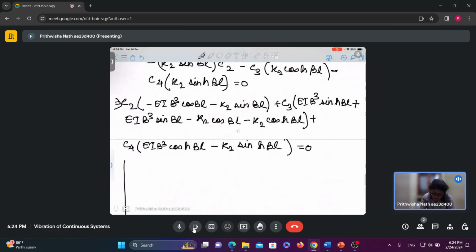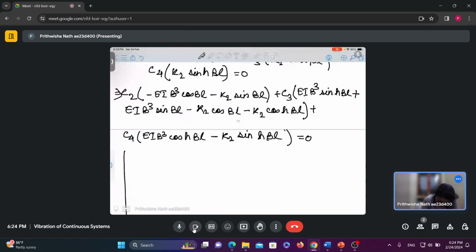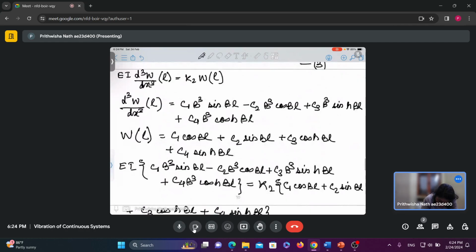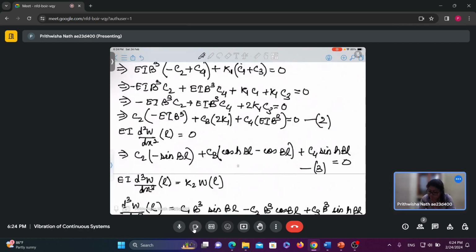Now I'll write the coefficients. The coefficient for C2 is from the first equation. From the second equation, the coefficient of C2 is minus, as you can see, minus of beta cube.